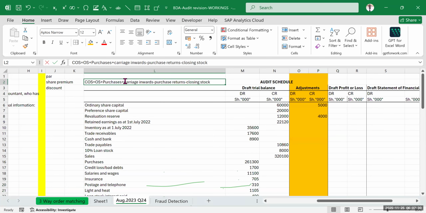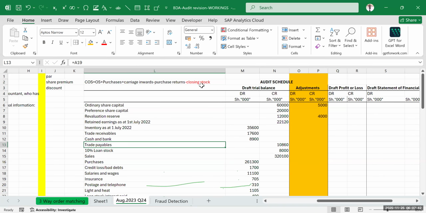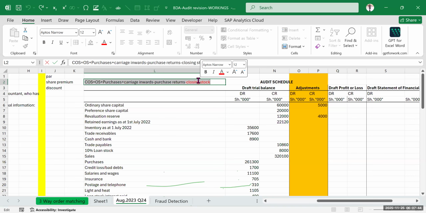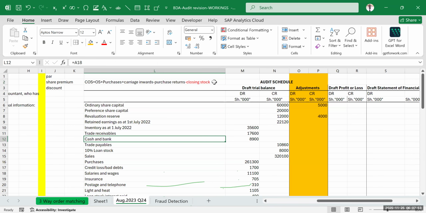I wrote a formula here. In the computation of cost of sales, which is a major element in the statement of profit or loss, we normally deduct closing inventory. That's why we are crediting. To deduct in the statement of profit or loss is to credit. So this less closing stock means that closing stock figure, we are going to credit it in the income statement.